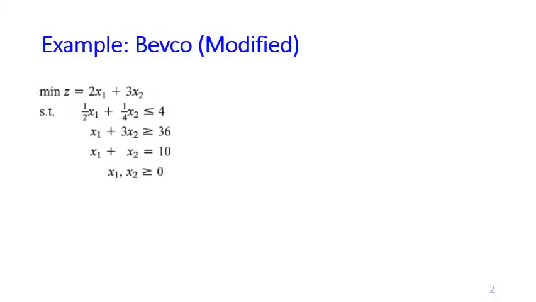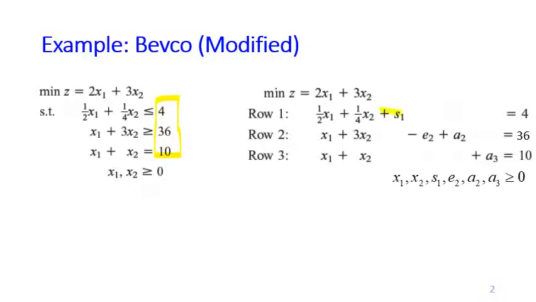Okay, so here's an example, which is the modification of the Bevco example that we've seen last week. As usual, what you need to do is first you check if there is any right-hand side that is negative. Here, there's no such thing, so you can proceed to transform this problem into a standard form by adding slack variable or minus excess variable.